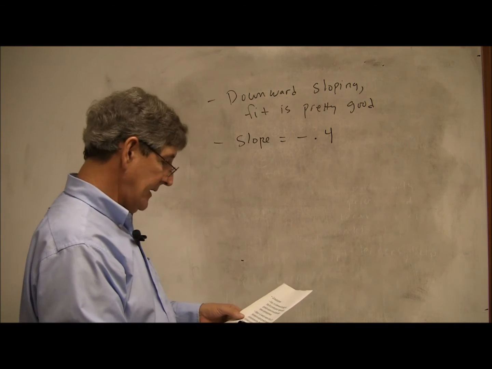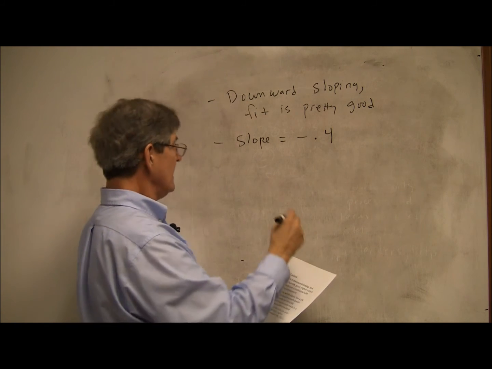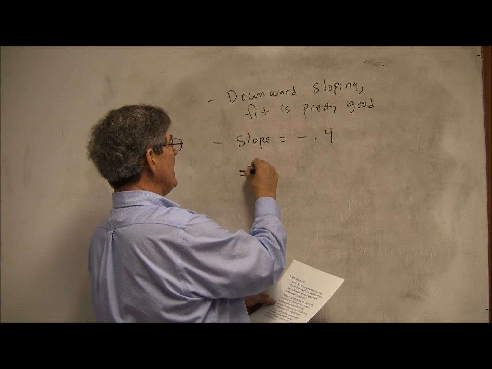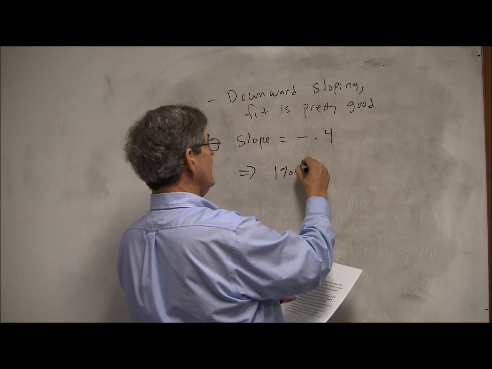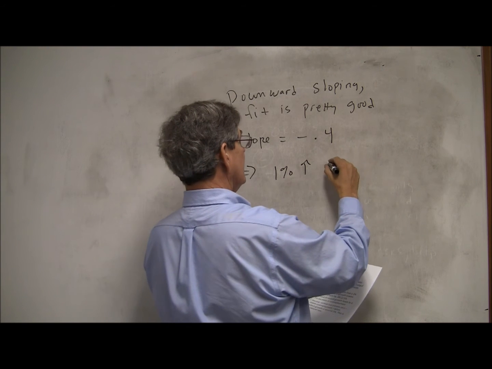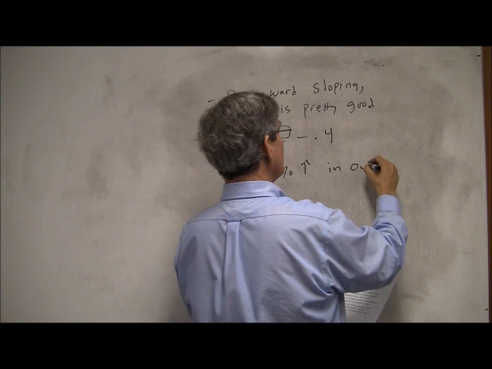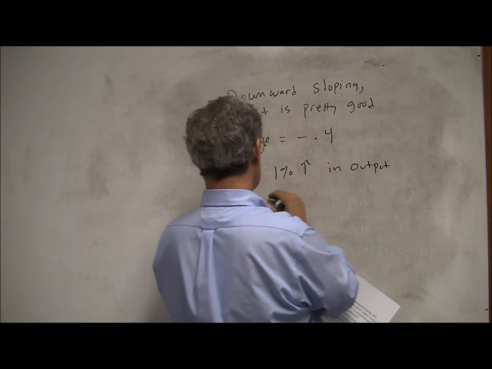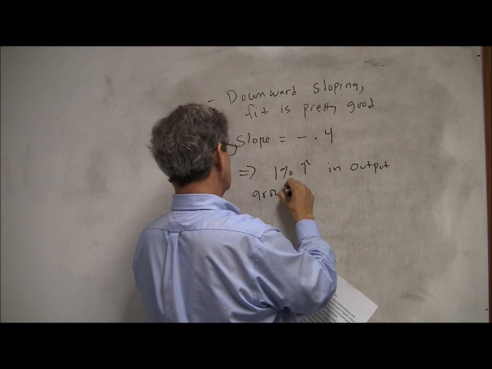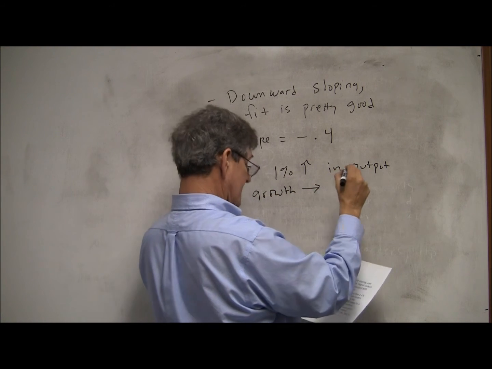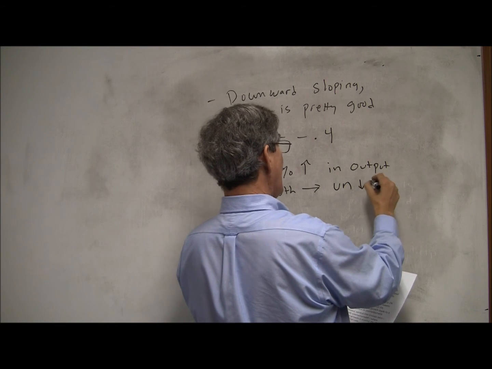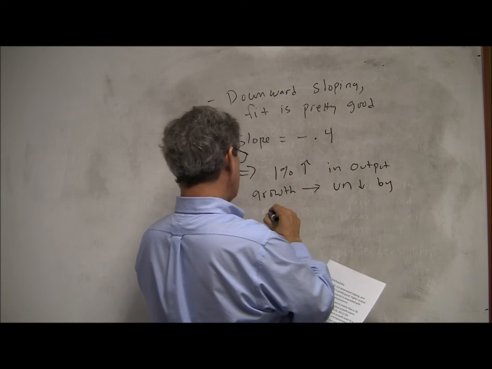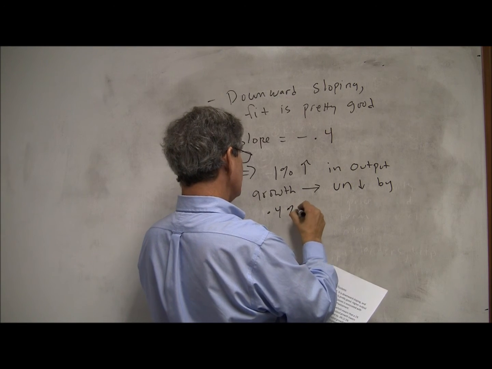So what does that mean? That implies a 1% increase in output growth causes unemployment to go down by 0.4%.